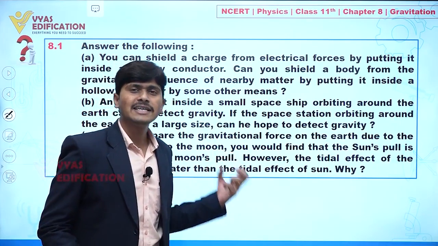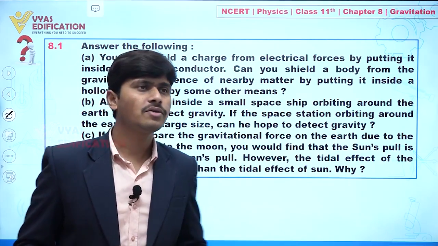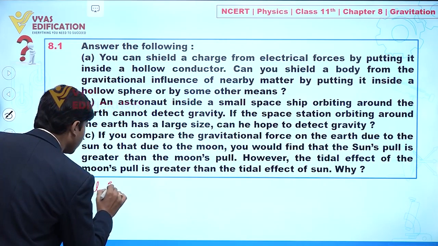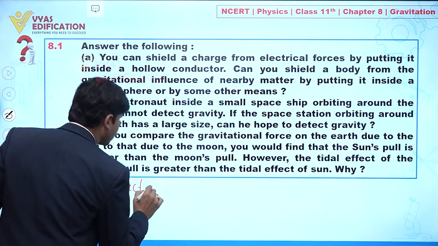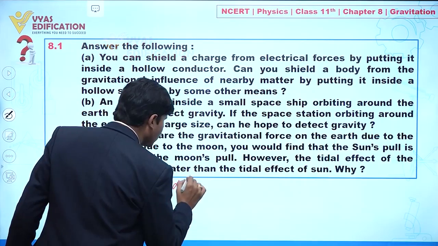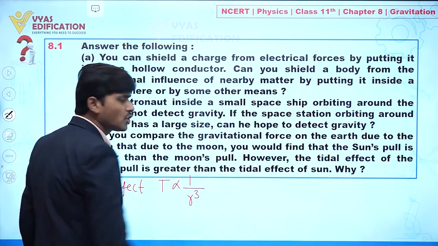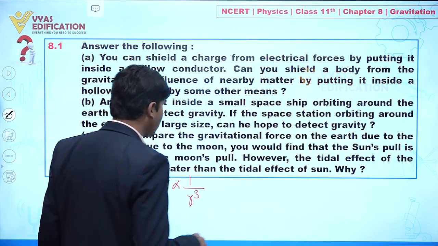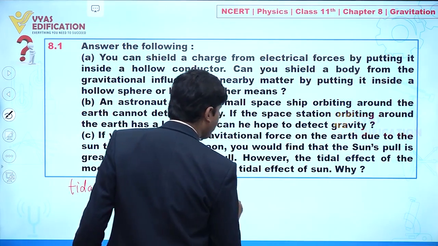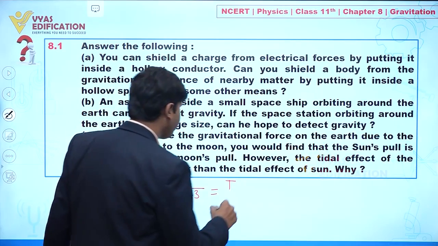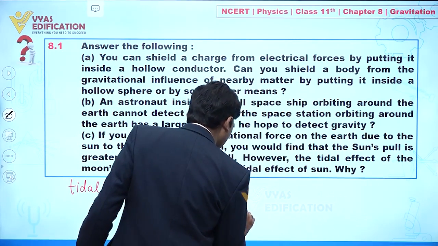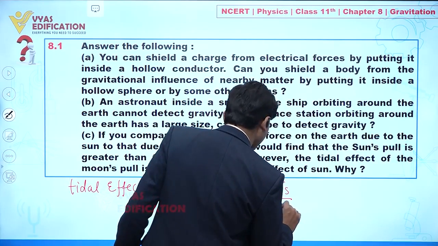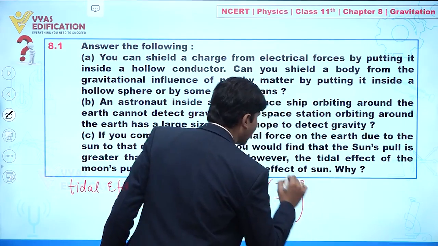Now actually, if we are talking about the tidal effect, we can say this is inversely proportional to the cube of the distance between the two bodies. Clear? So if I am talking about TM, the tidal effect due to the Moon, and this is the Sun, we can write this is equal to RS over RM, and this value we have cubed.